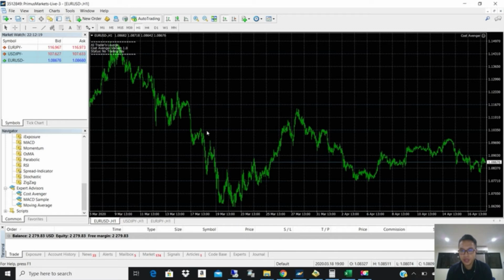You could change your starting lot size to 0.02 if you are above 5k USD. So the money management is, if you are below 5k, use 0.01. If you're above 5k, use 0.02.